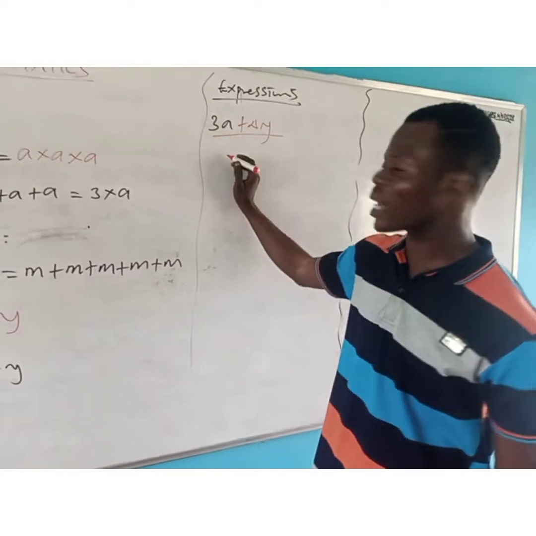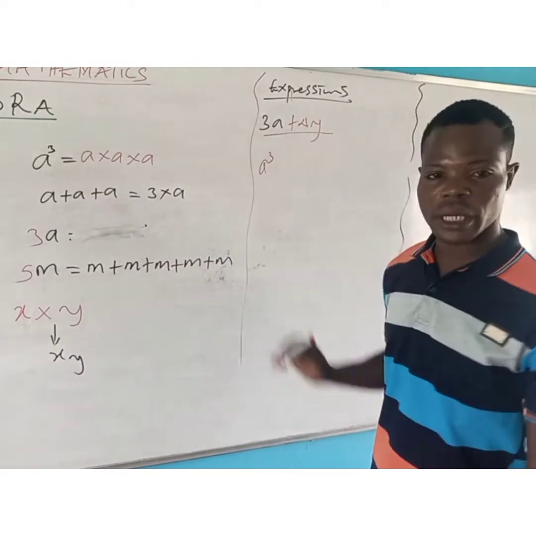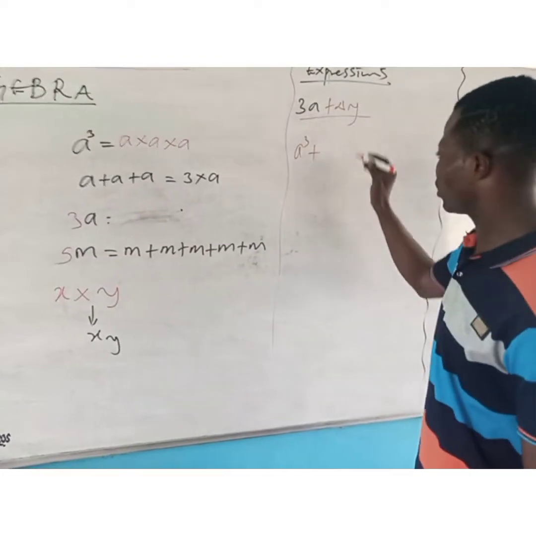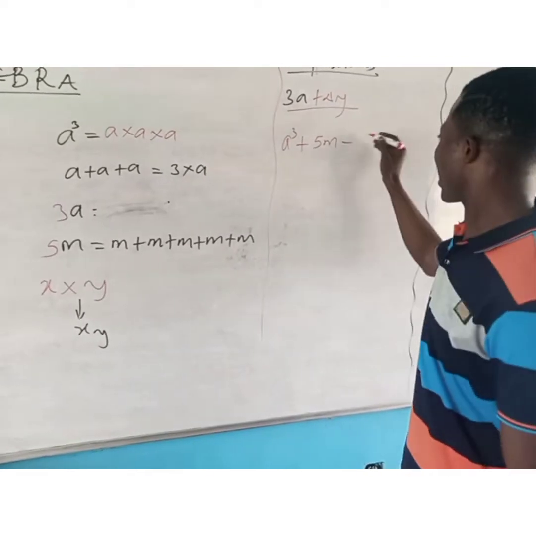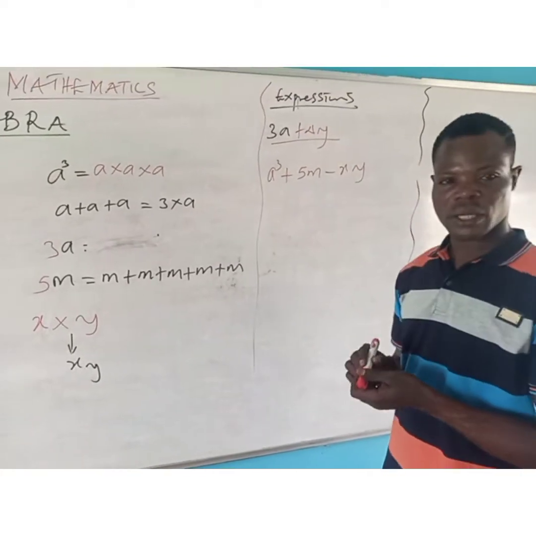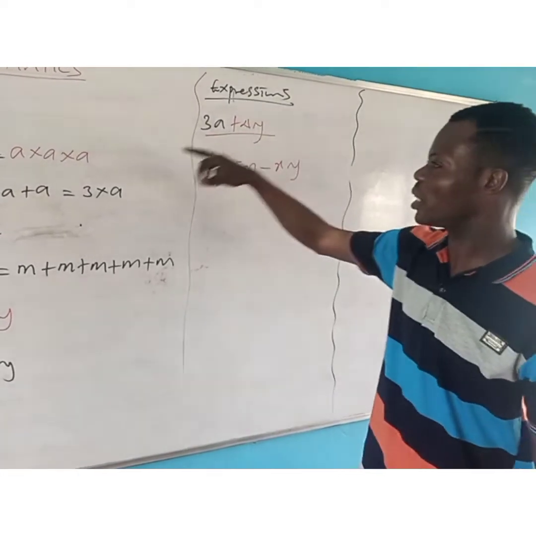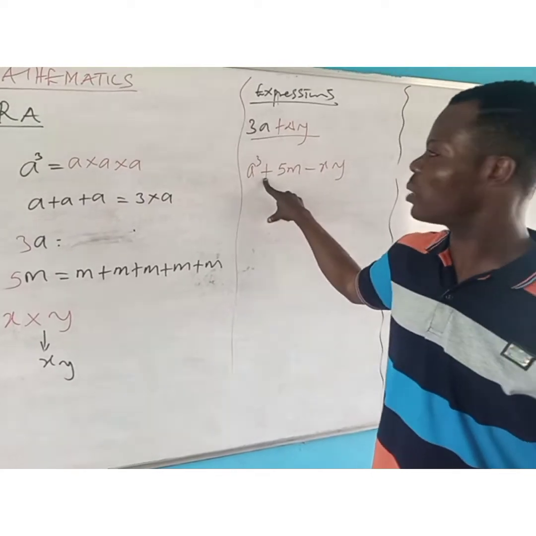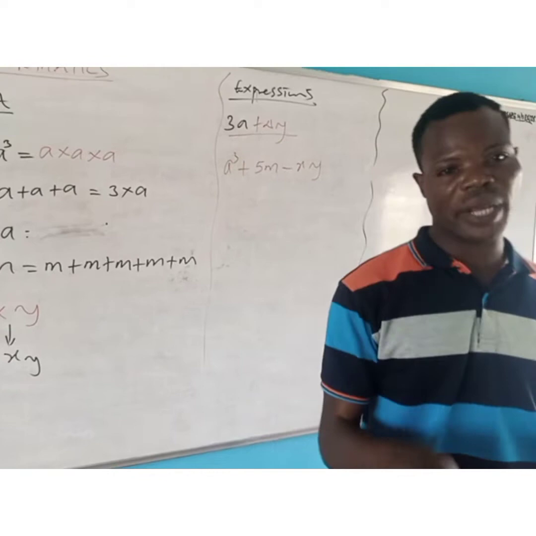I can also have a cubed, or a raised to the power of 3, plus 5m, minus xy. So I have different terms of algebra with the help of the algebraic operators. These are what we refer to as algebraic expressions.